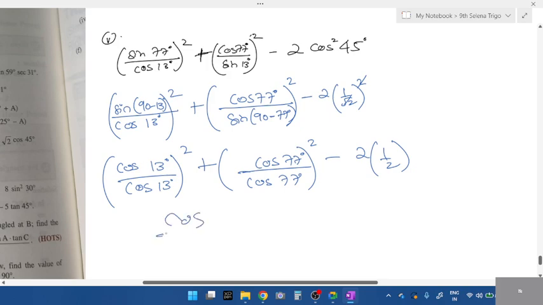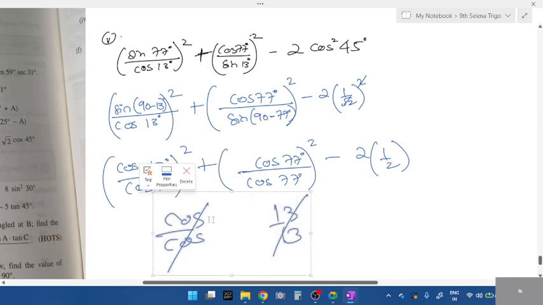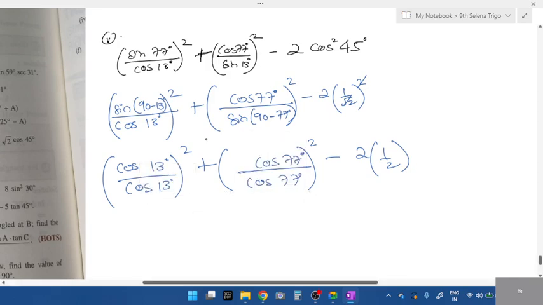See, if I write cos by cos, can I cancel it? If I write 13 by 13, can I cancel? They're together. It's the same concept. Both get cancelled. 1 square is 1, plus. 1 square is 1, minus. Which one gets cancelled here? Huh? Oh, correct. What's the answer?